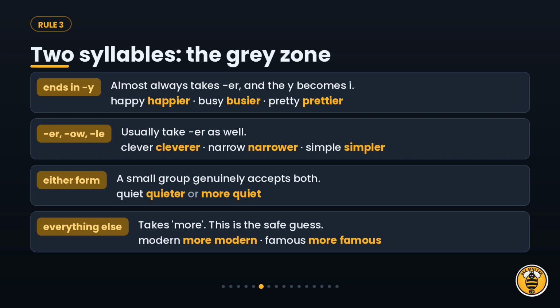Narrow becomes narrower. Simple becomes simpler. A small group genuinely accepts both forms, so you cannot be wrong. Quiet can be quieter or more quiet. And everything else in the two-syllable group takes more. Modern becomes more modern. Famous becomes more famous. If you are ever unsure with a two-syllable adjective, more is the safer guess because it will sound acceptable even when ER would have been slightly more natural.